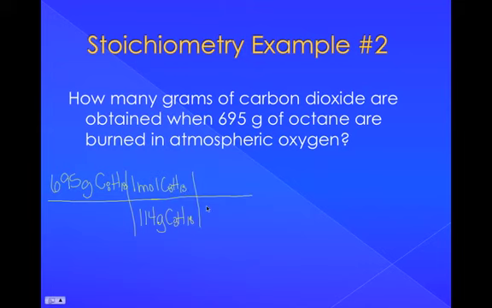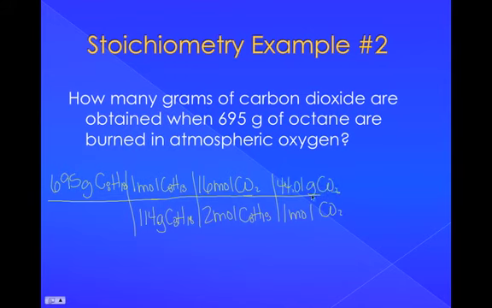And if you remember from the equation, for every 2 moles of octane, we're going to get 16 moles of carbon dioxide. And for each mole of carbon dioxide, we're going to have a mass of 44.01 grams. So cross stuff out. Reduce if you can.